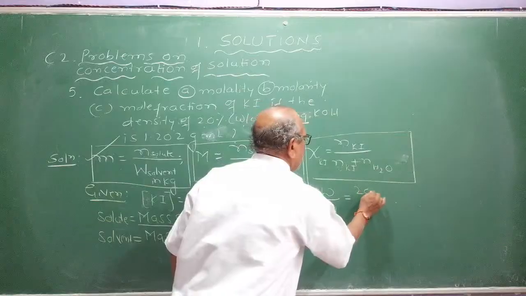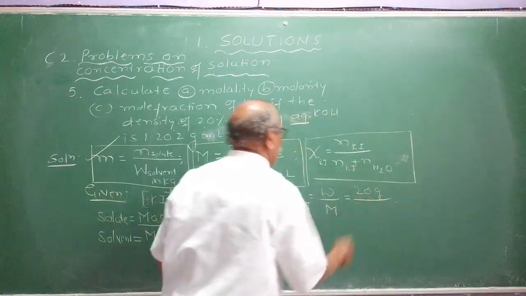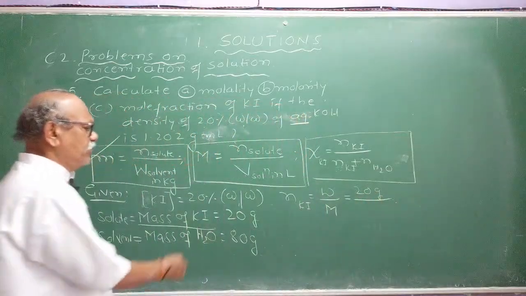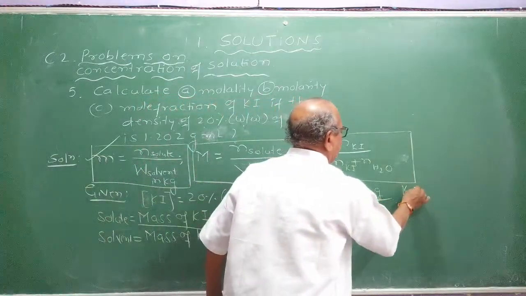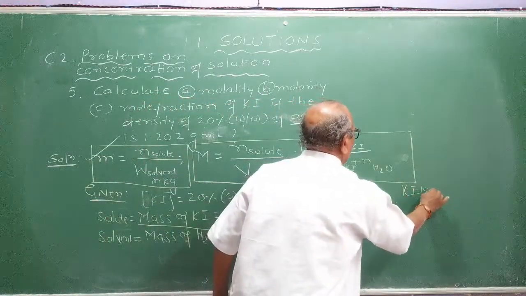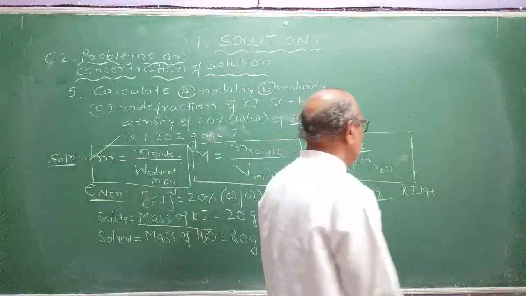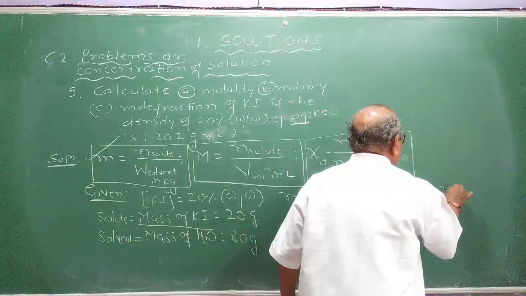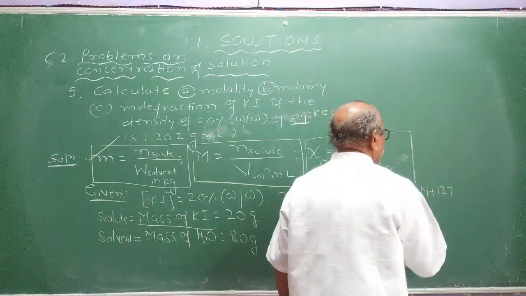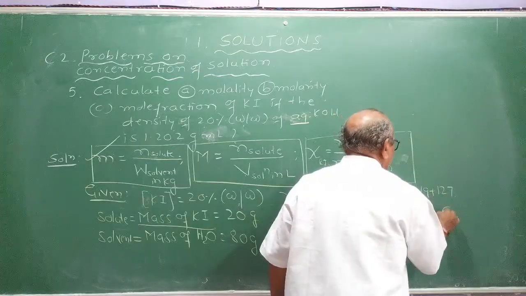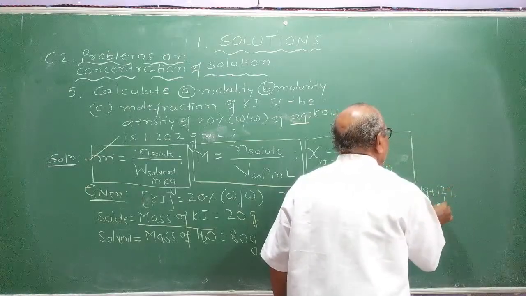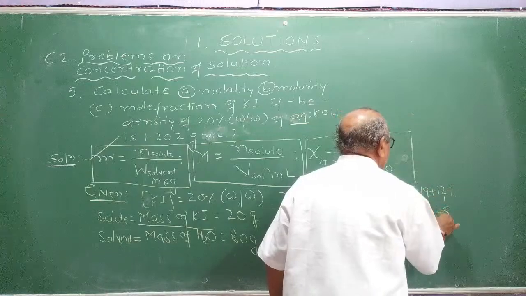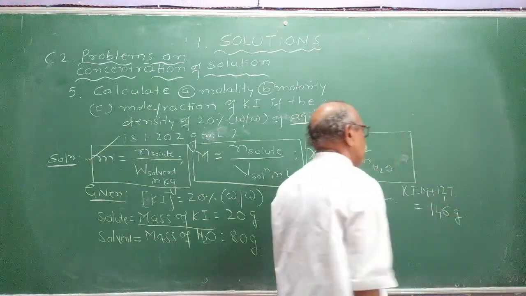It is 20 grams. Molecular weight of potassium iodide: potassium atomic weight is 19, and that of iodine will be 127, approximately. 9 plus 7 is 16, carry 1. Then 2 plus 1, 3 plus 1 is 4. You get 146 grams.